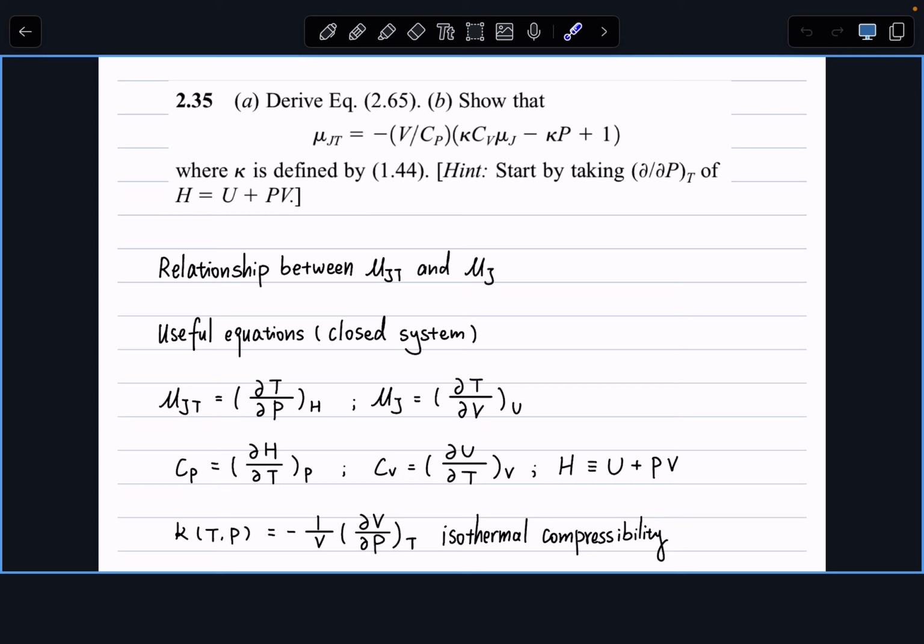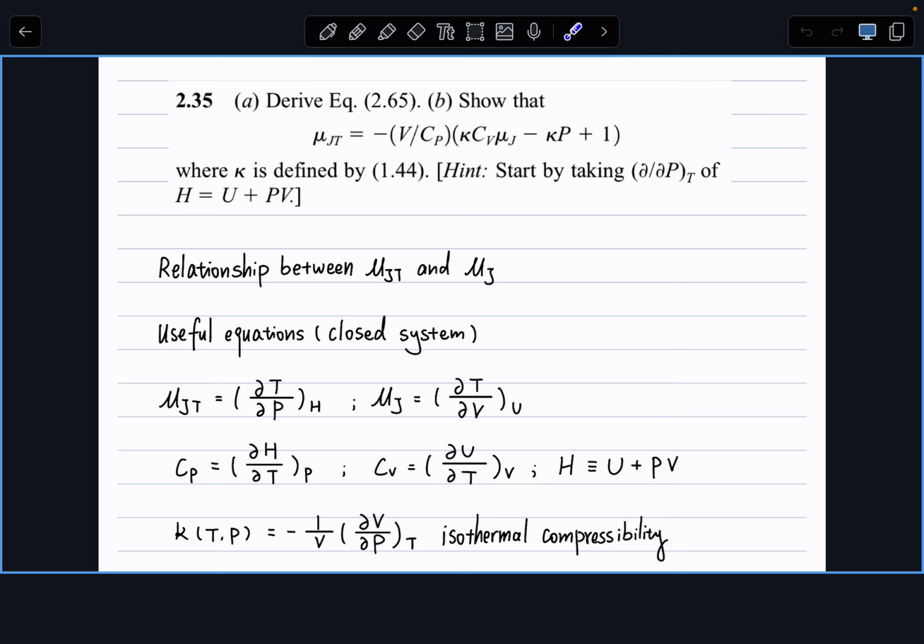So if we replace x, y, and z with H, P, and T, what we get is dH over dP at constant T times dP over dT at constant H times dT over dH at constant P equals negative 1.